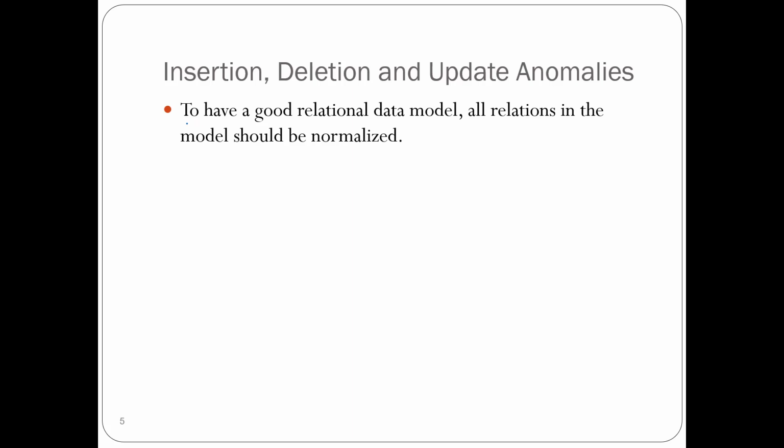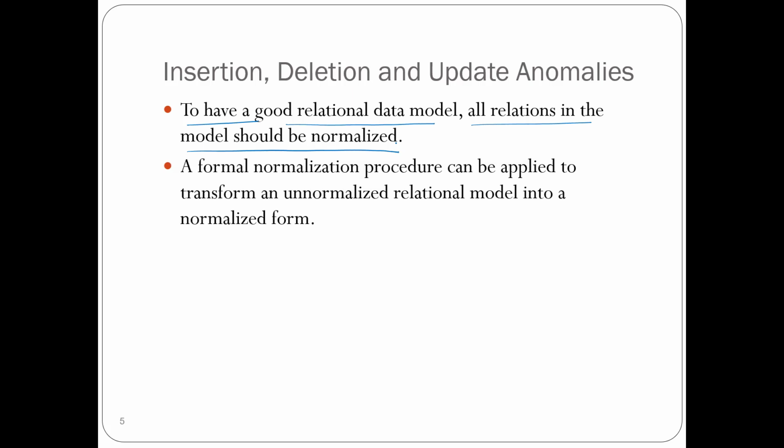Okay, so to have a good relational data model, all relations in the model should be normalized, right? So that's our motivation. Now, a formal normalization procedure can be applied to transform an unnormalized relation model into a normalized form.